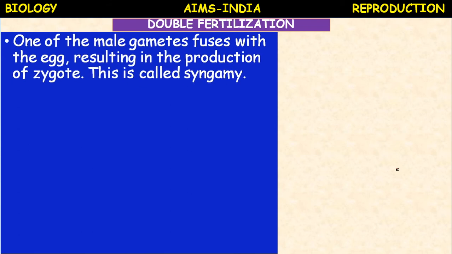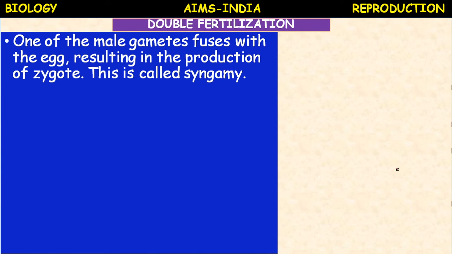Now, fertilization in angiosperms. Angiosperms means the flowering plants. Double fertilization is the most important event, a typical event. One of the male gametes fuses with the egg, resulting in the production of the zygote.